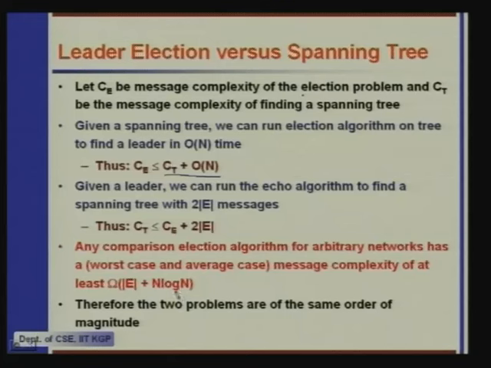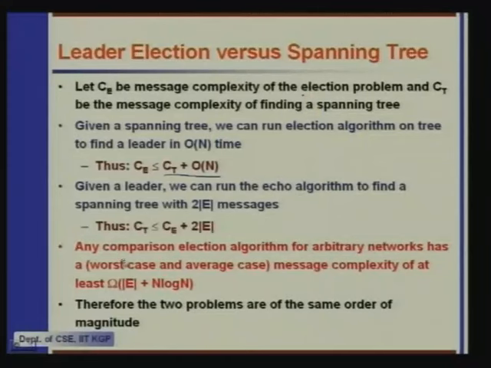What do we mean by comparison based election algorithms? Each node has an ID, and we compare the IDs and elect the leader having the minimum or maximum ID. That is comparison based election. Now, this lower bound states that you cannot have an election algorithm which performs better than E plus n log n.